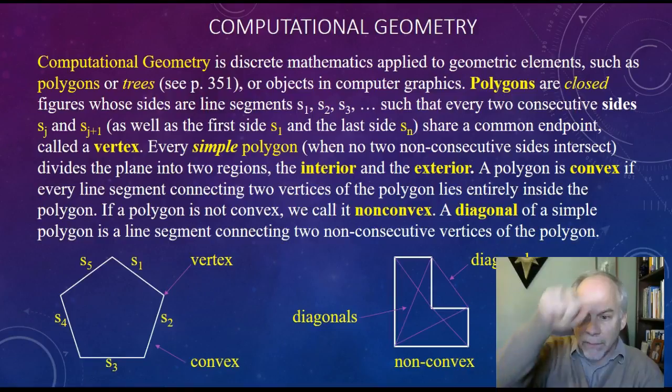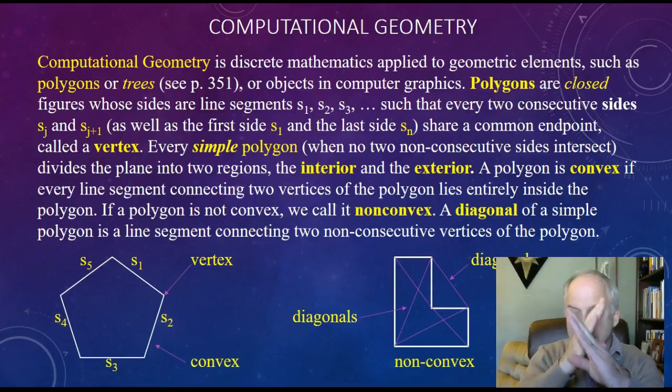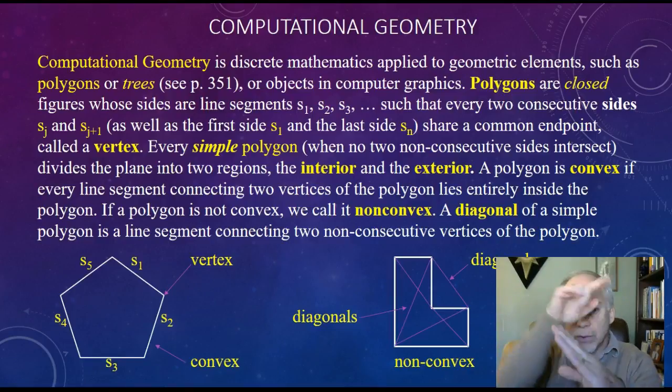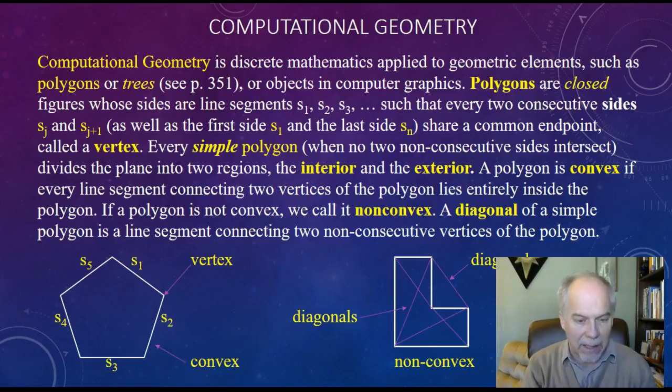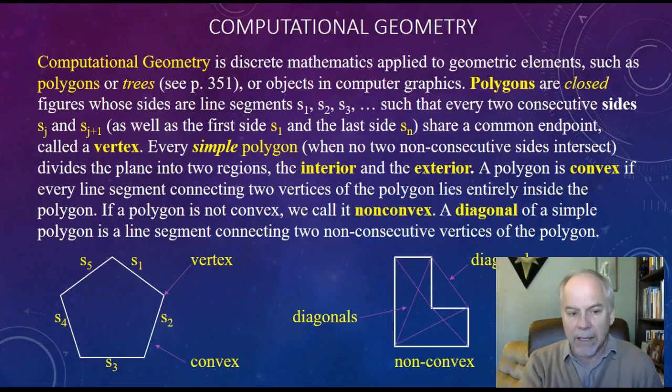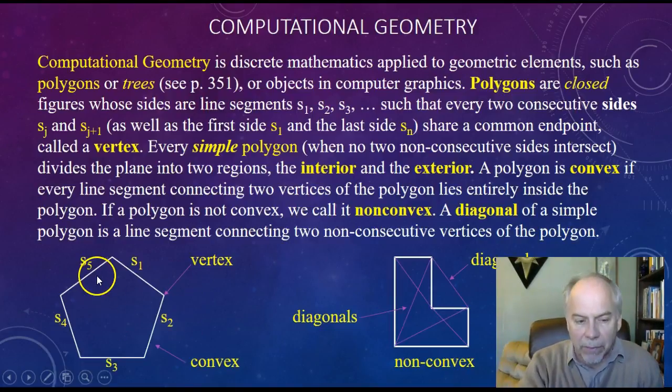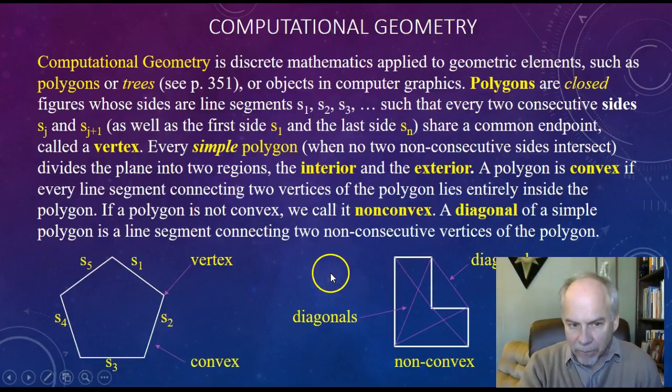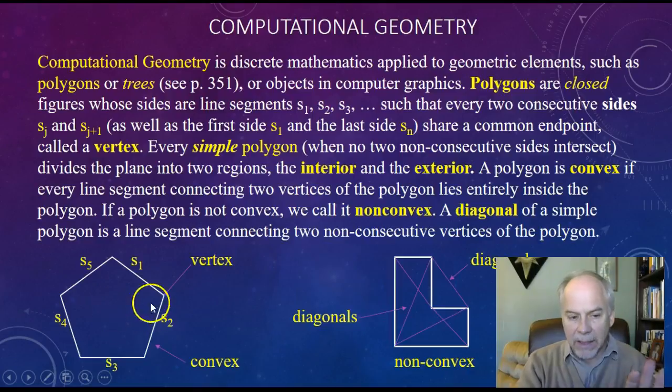So that kind of thing where the two segments cross in the middle, that's not a simple polygon. A simple polygon cannot cross in the middle, right? And so this is a simple polygon. This pentagon here is a simple polygon, right? And it separates the plane into the interior and the exterior.